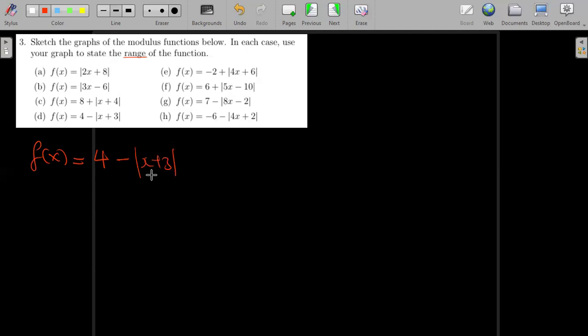Our interest first is on the modulus, so I redefine that modulus like this: it is x plus 3 if x is greater than or equal to negative 3, then I have negative x plus 3 if x is less than negative 3. This is what I'm getting.